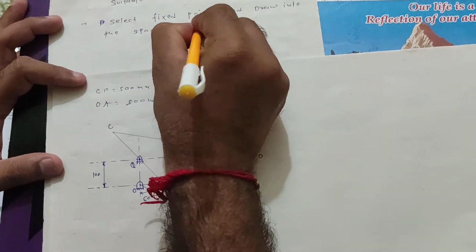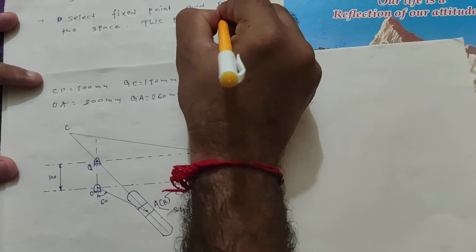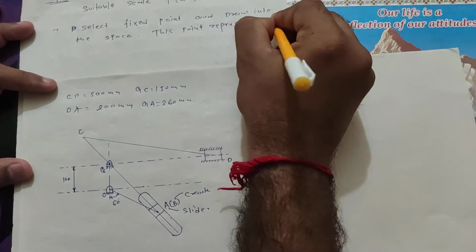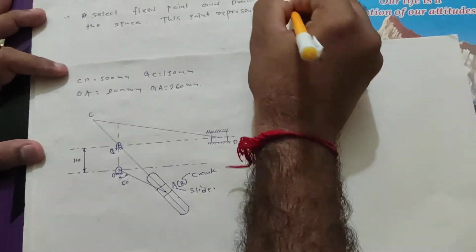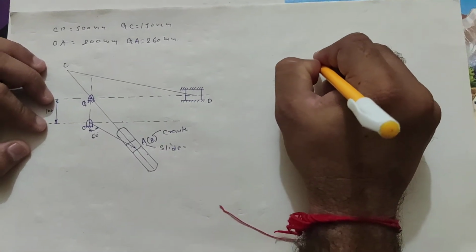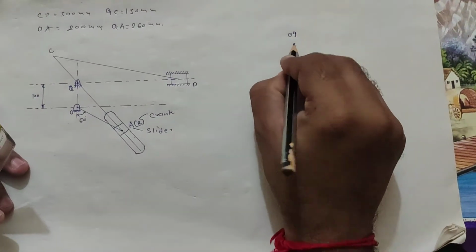This point represents a pole point. Select the two points O and Q, the fixed points, represented by a dot.